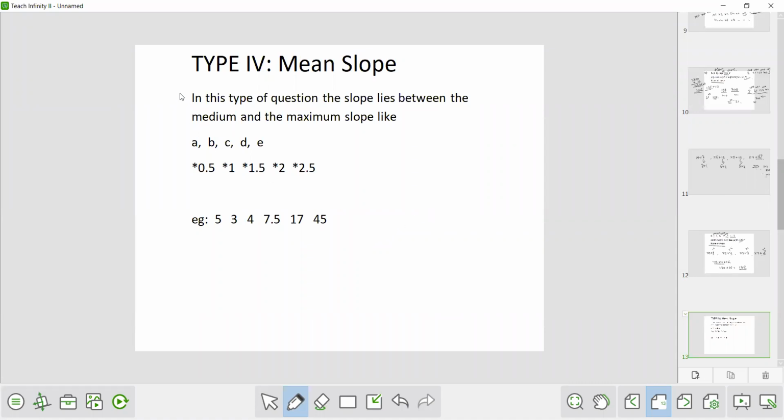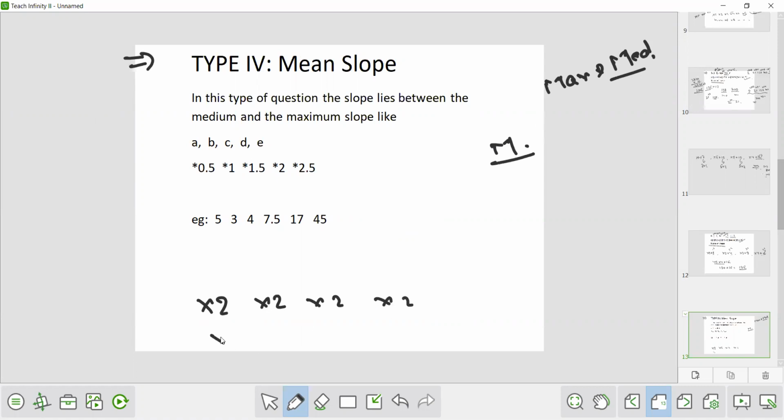This type is known as the mean slope. Now what do we mean by mean slope? This mean slope is actually the mean of maximum and medium slope. In medium slope, we were witnessing that every successive number was either 2 times, 2 times, 2 times, or 3 times, 3 times, 3 times.